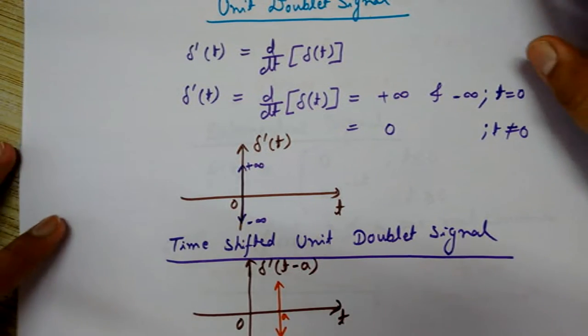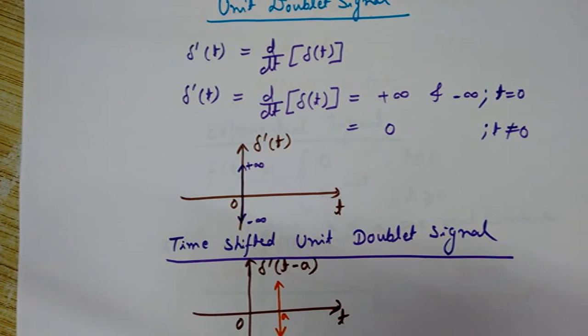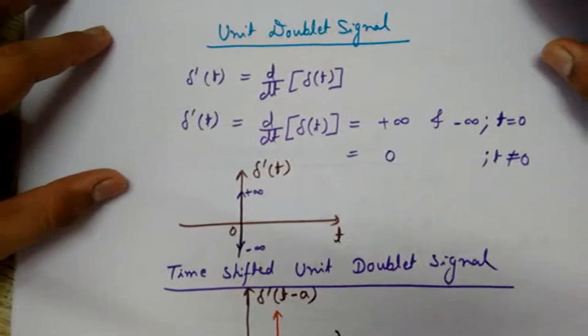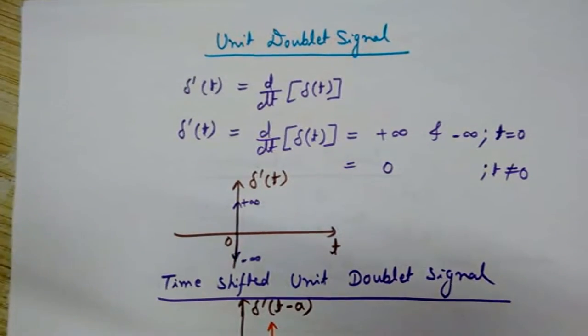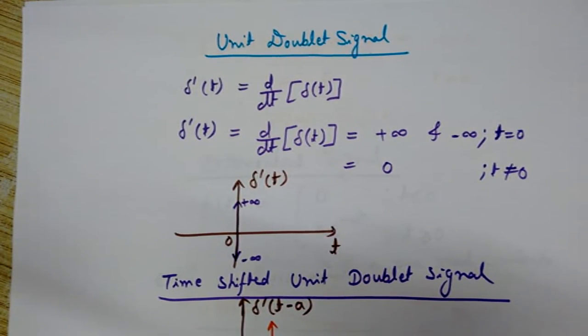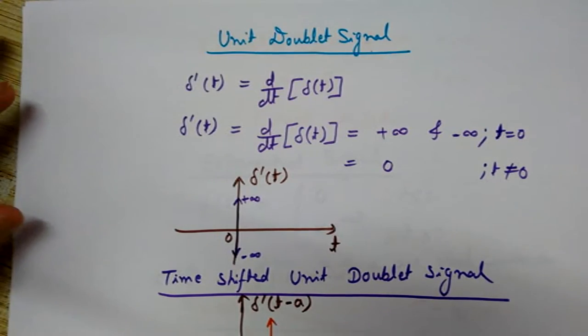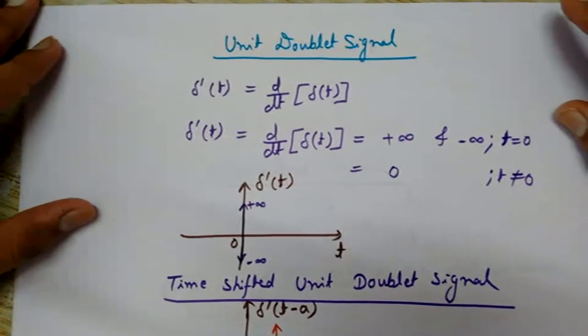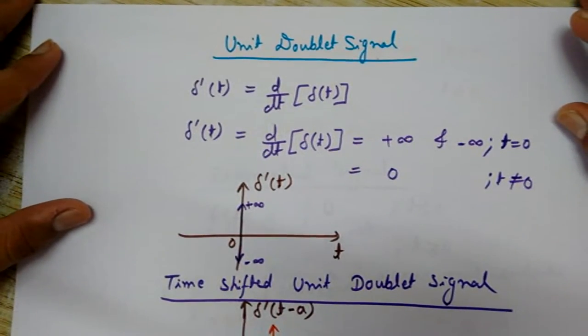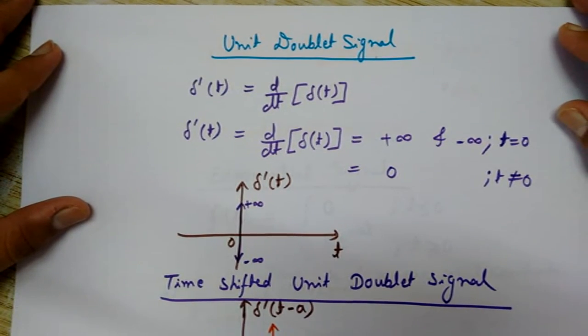Now we will see another type of signal, a standard signal, which is called the unit doublet signal. So what is a unit doublet signal? Let's first start with the mathematical interpretation of it, how to define it.